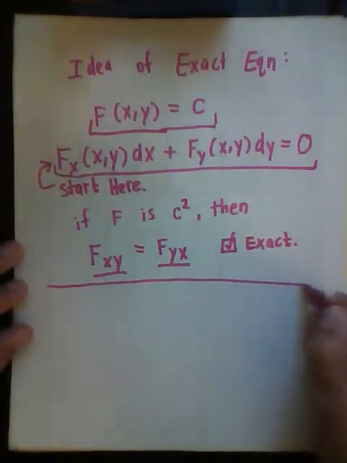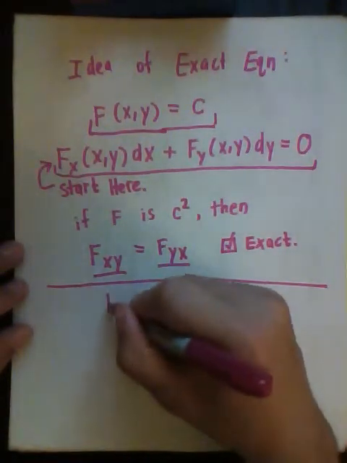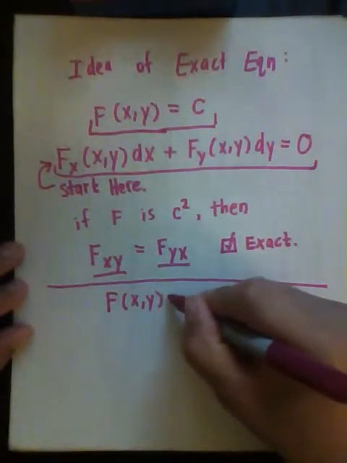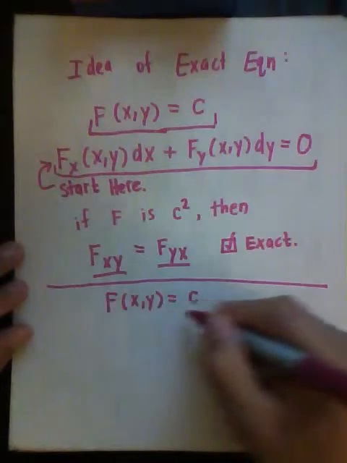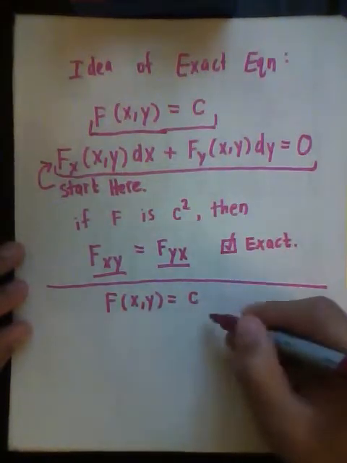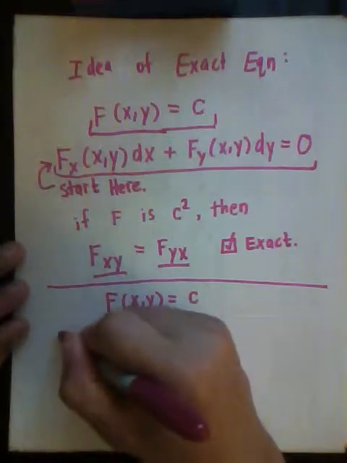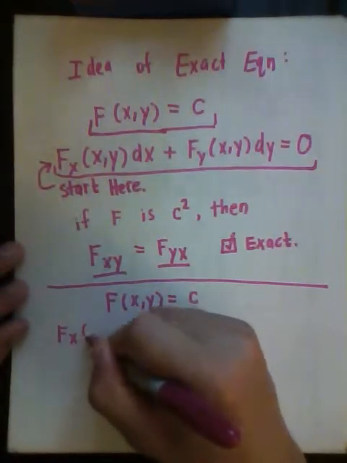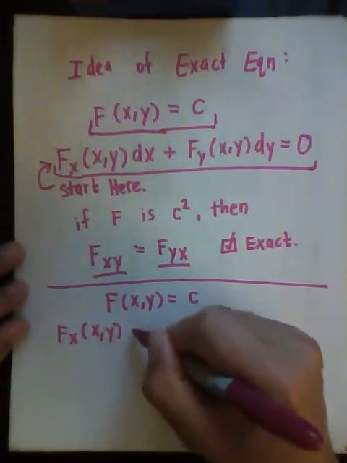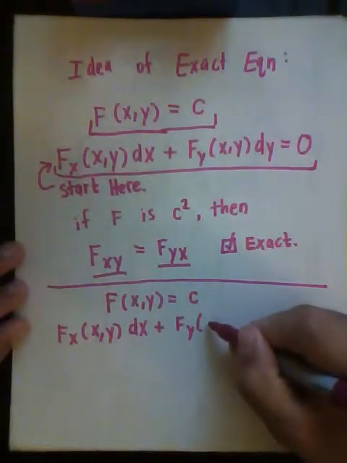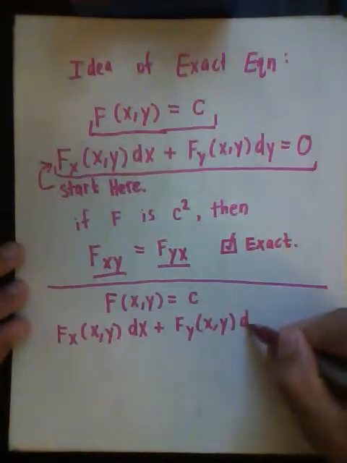Okay, so let me draw this again. If you have a function which you're trying to find, this is your final answer, and you differentiate once to get the total derivative, and this is how they'll give you the question.